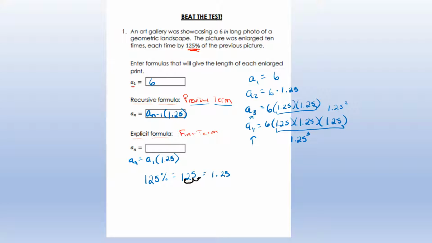So it's always 1 less than the number that we're looking for. And in this case, instead of saying A1, I can say it's 6 times 1.25 to the n minus 1 power. So the explicit formula would be the first term, 6, times the factor 1.25, to 1 less than the number that I'm looking for.